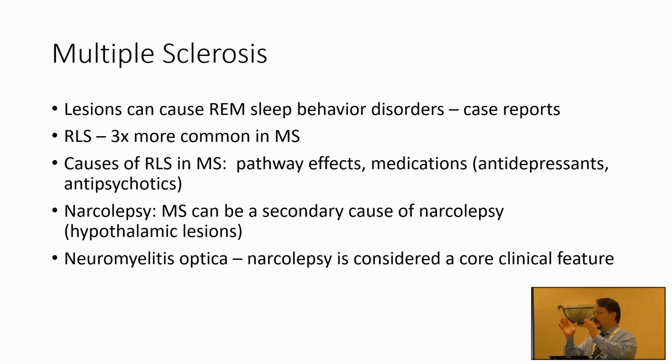Just like if someone doesn't have RLS and they get started on an antidepressant and they develop RLS symptoms, and sometimes you can remove that antidepressant and then it goes away, that can be another harbinger of RLS to come in the future. Just like pregnancy can, you can place a lot of increased demand during pregnancy. It can bring out RLS, and then after delivery it goes away. Then you can see that later.